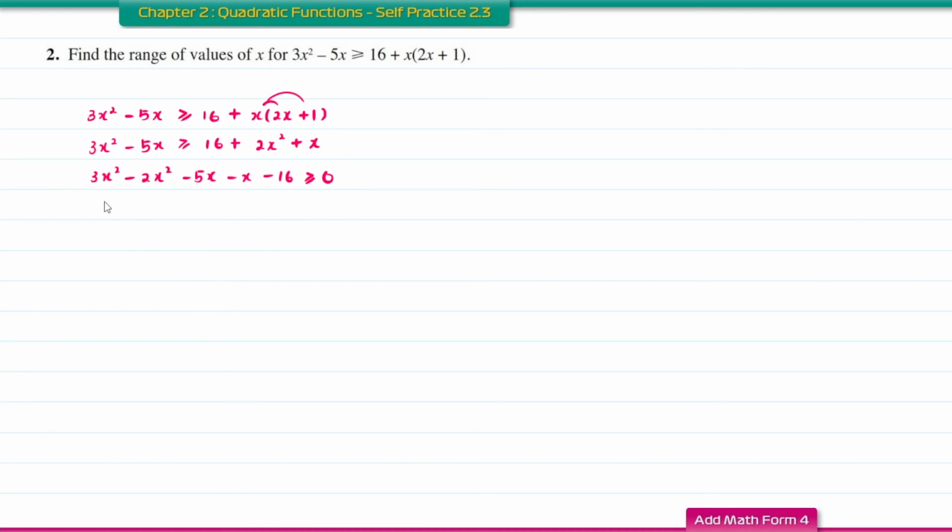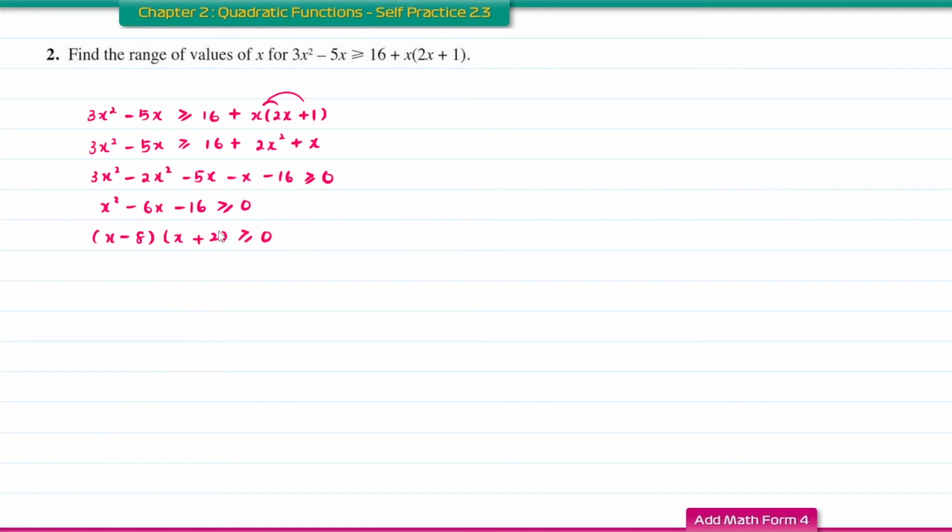Then we're going to solve for the like terms. x squared minus 6x minus 16 greater than or equal to 0. Then we're going to do the factorization for this part. You're going to get (x minus 8)(x plus 2) greater than or equal to 0.